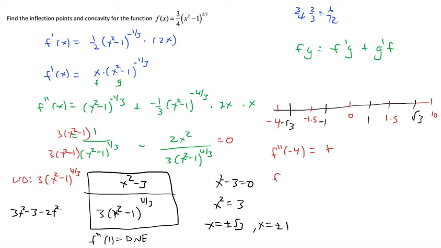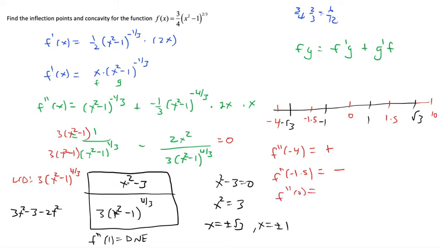Now, what about f double prime of -1.5? Here's where it could be a little bit tricky. But -1.5, when you square that, you get 2.25, right? So this will be negative, this will be positive. So you get a negative divided by a positive here. Okay, that's going to be a negative result. F double prime of 0.